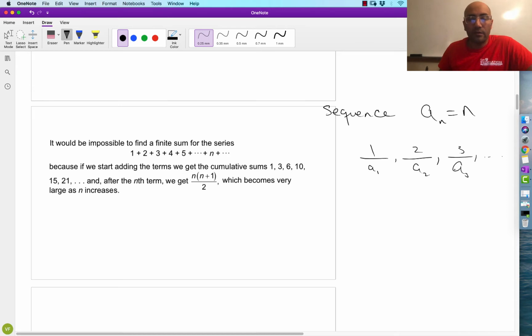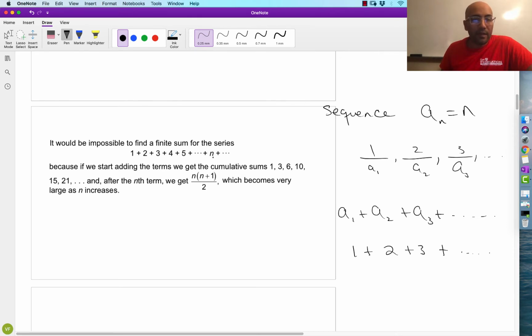Very simple pattern. Now if I want to add all of these, I would have to add a sub 1 plus a sub 2 plus a sub 3 plus dot dot dot. That amounts to adding 1 plus 2 plus 3 plus dot dot dot, all the way out to n and then beyond.